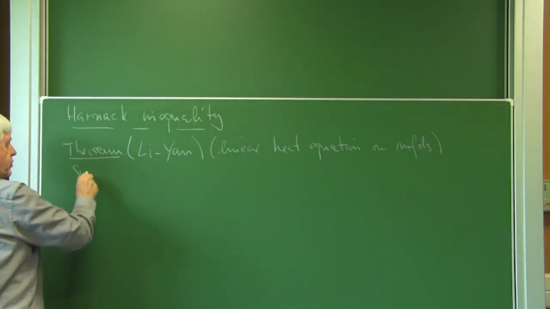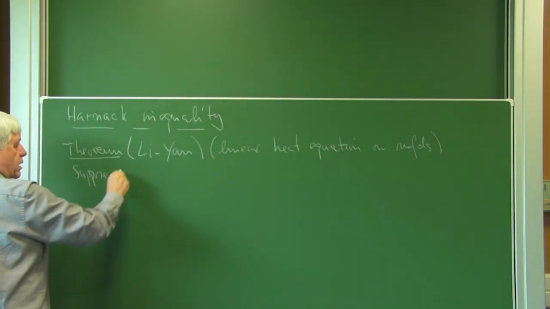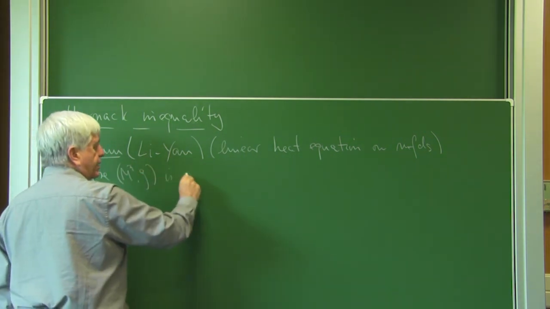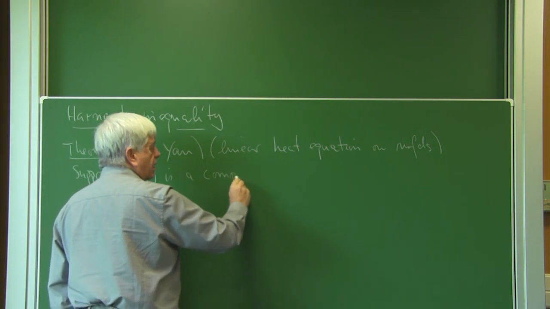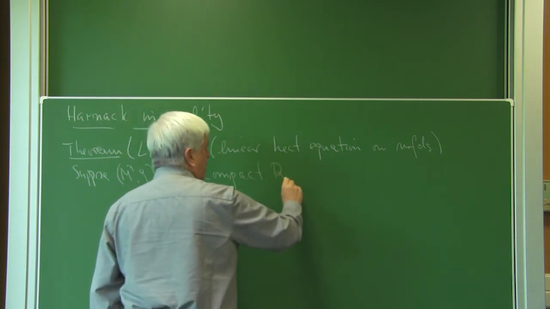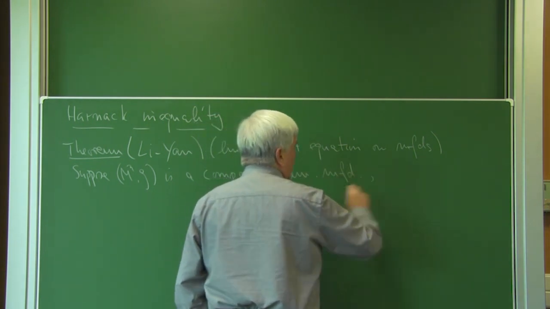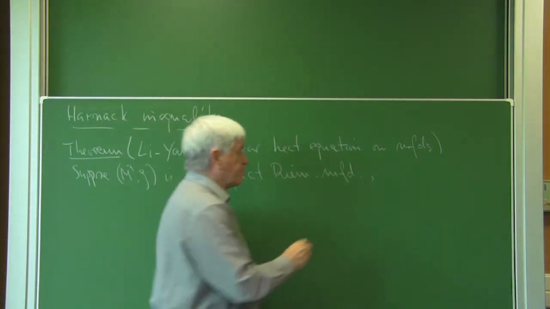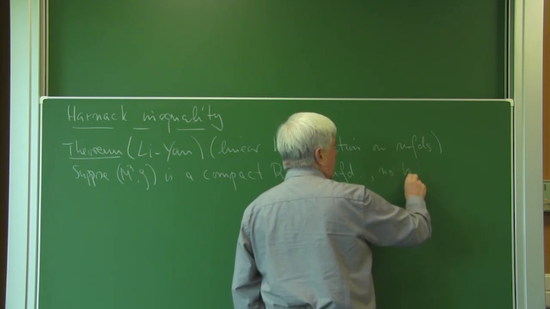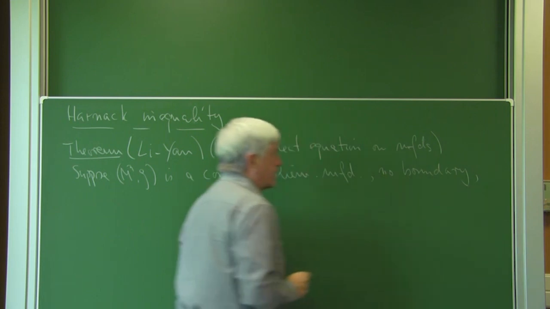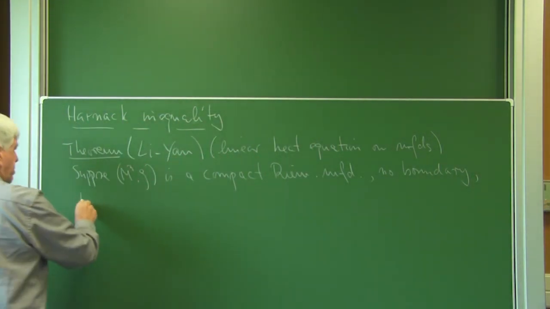Suppose (M, g) is a compact Riemannian manifold, closed, no boundary, and with no negative Ricci curvature.